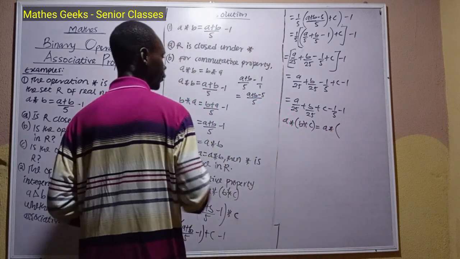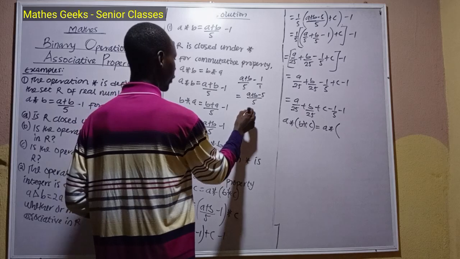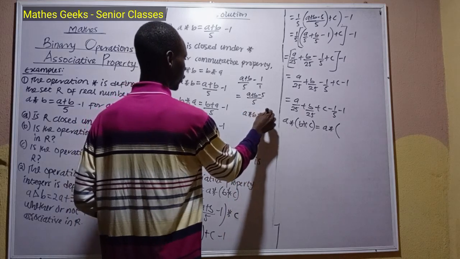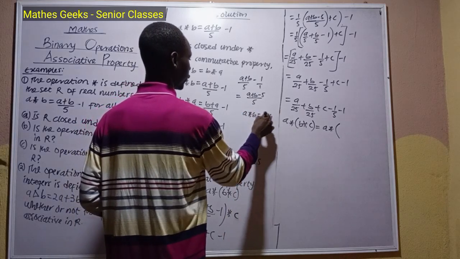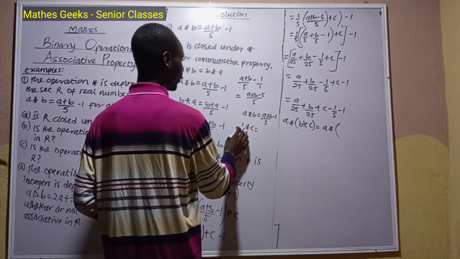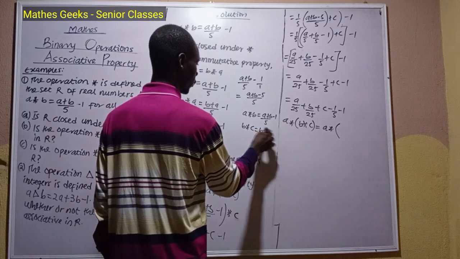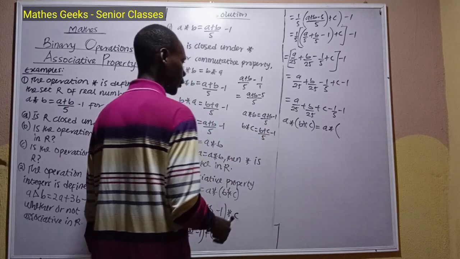So for A star B, B star C, this part here, A star B is equal to A plus B over 5 minus 1. For B star C, B will replace A and C will replace B. That will give us B plus C over 5 minus 1.